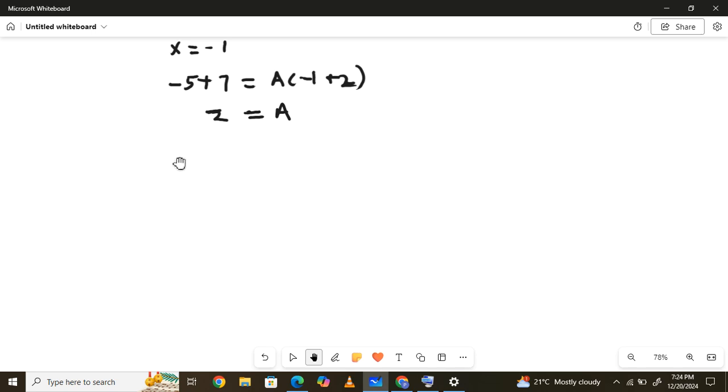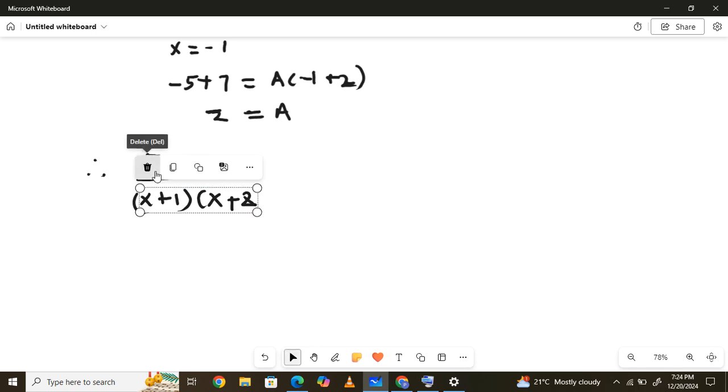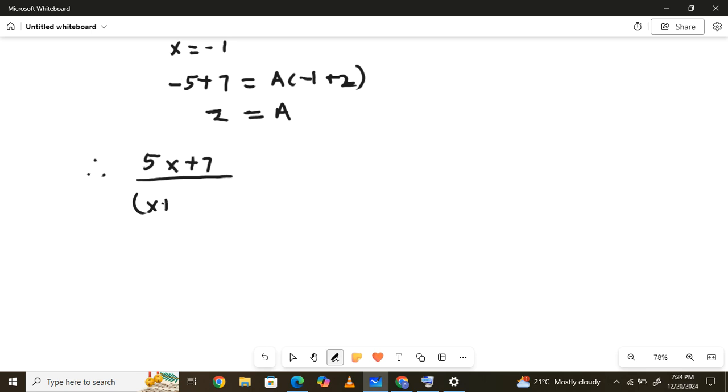Now when we decompose 5x plus 7 over (x plus 1)(x plus 2), it will give us A is 2 over x plus 1 plus B is 3 over x plus 2.